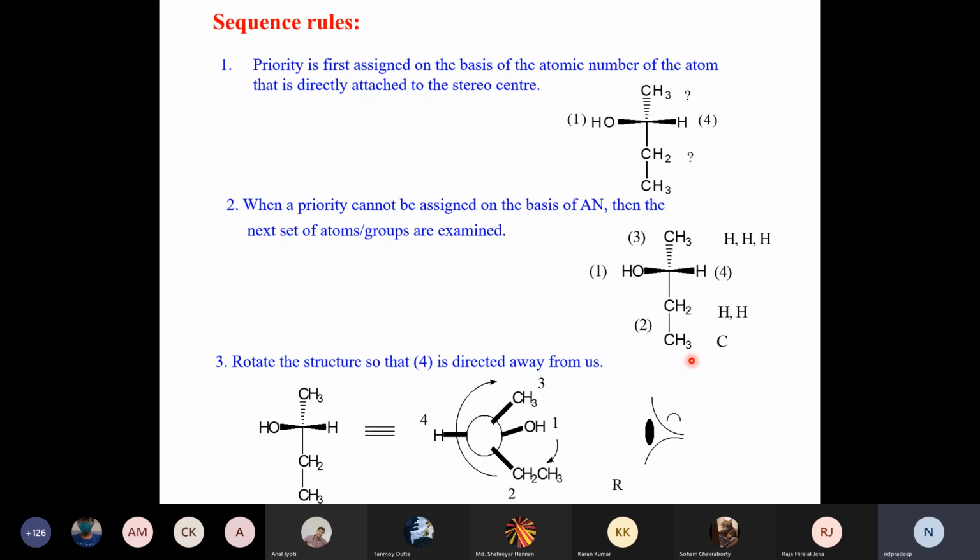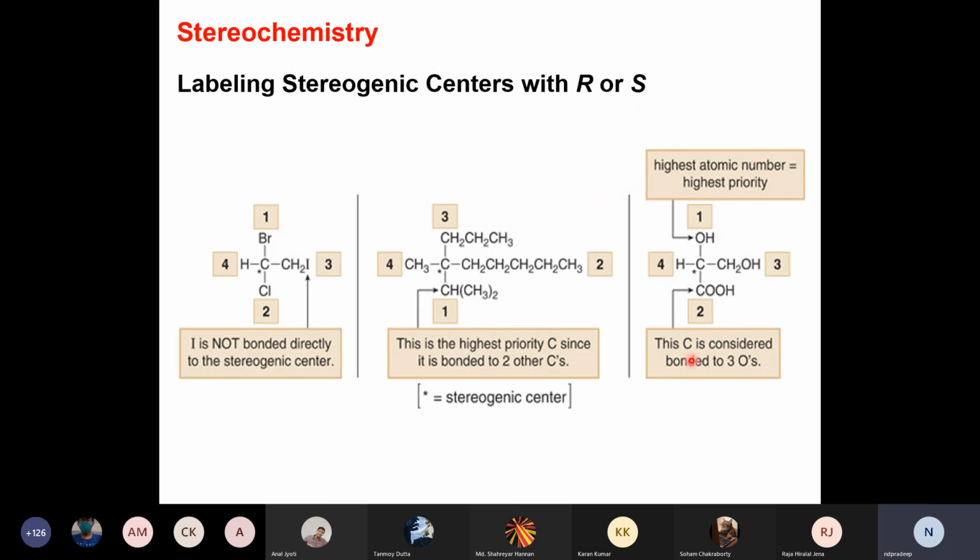I am not going to explain this more. But what is new that I am going to tell in this rule is that there are two very important things you should understand. One, if you have hydrogen, deuterium and tritium, what will be the numbers?